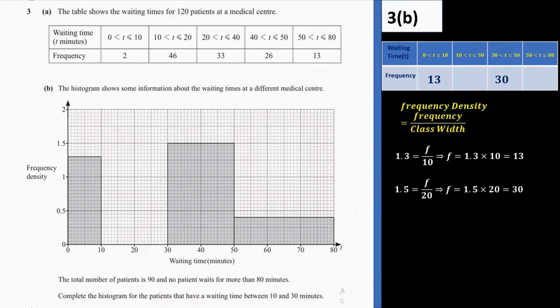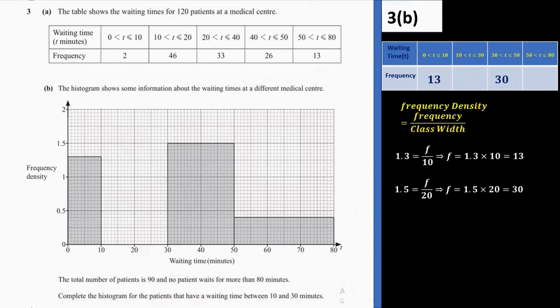So we write 1.5 equals frequency over 20. How do we get 20? 20 is the class width: 50, the upper limit, minus 30, the lower limit. When we cross multiply, making frequency the subject, it gives us 1.5 times 20, which is 30, and that has also been entered into the table.